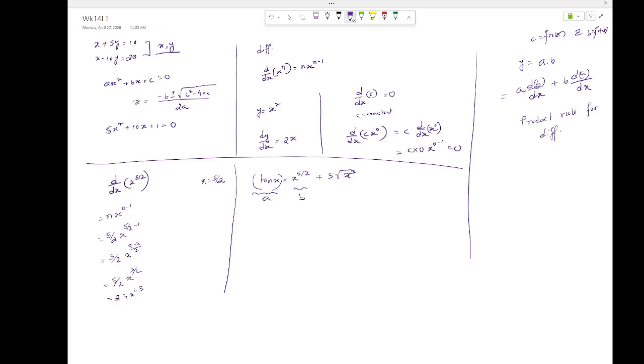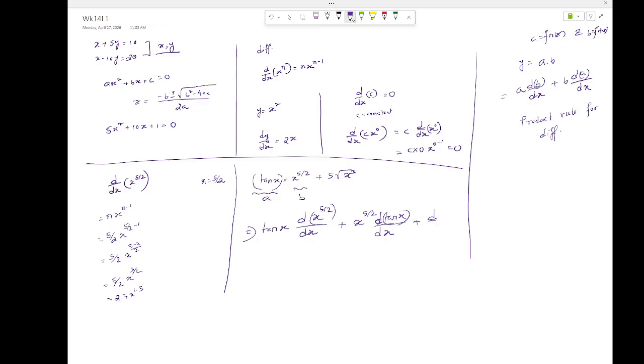If I'd be in your position, I'd be probably doing this way. So I'd be writing tan x and then d by dx of x to the power 5 by 2, right? Plus I'll be writing x to the power 5 by 2, then d by dx of tan x.